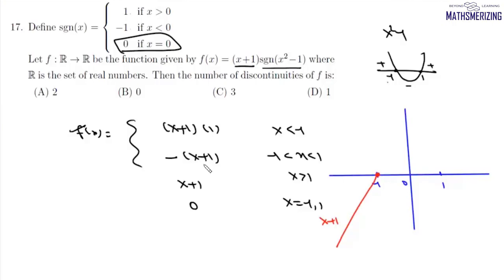Now here also this value is 0. And at 1 negative, this value is minus 2. Now the value at 1 is 0. At 1 positive, this value is 2. So that is the graph of f(x). Now this graph is discontinuous at x equals 1. So the number of discontinuities of this function is only 1. And that's your option D.